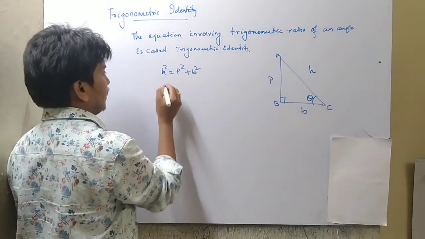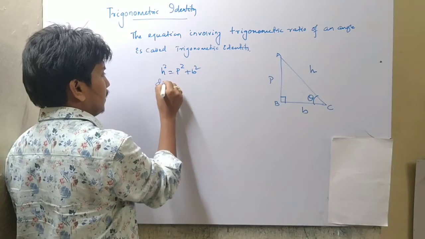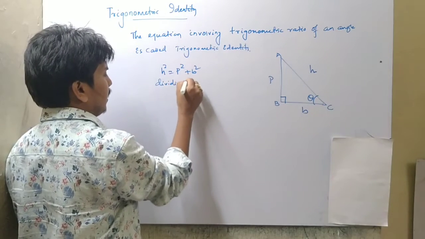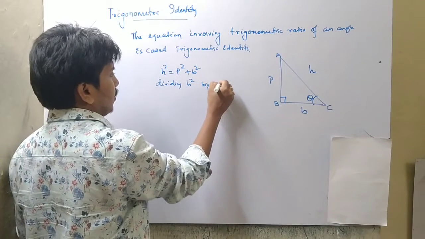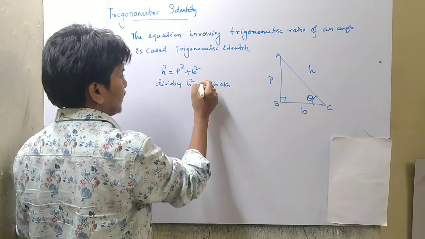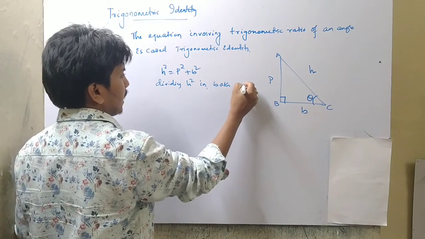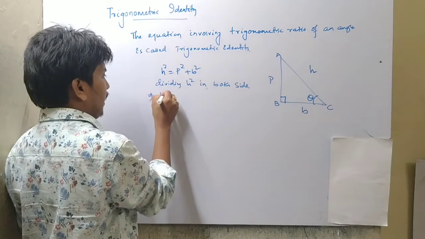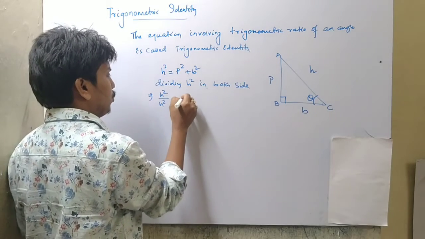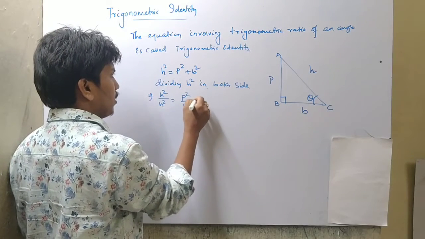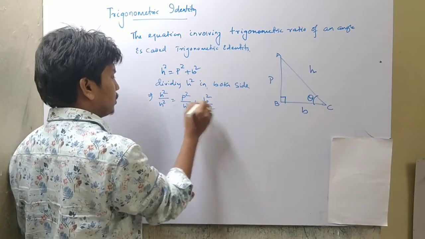Dividing H square on both sides, H square by H square is equal to P square by H square plus B square by H square.